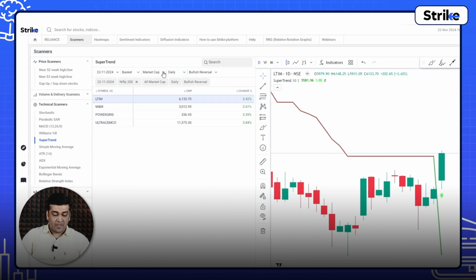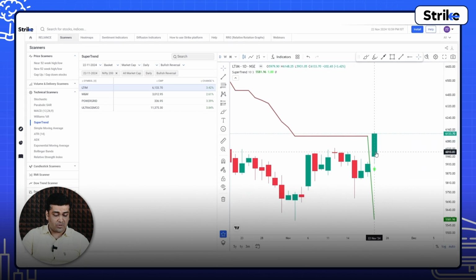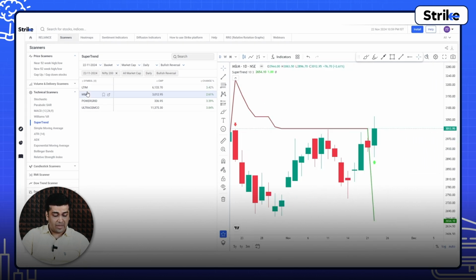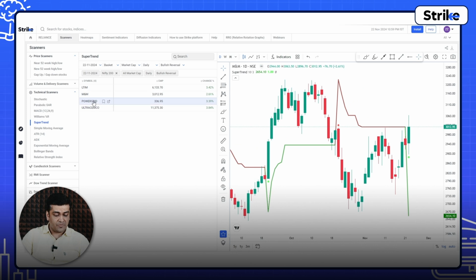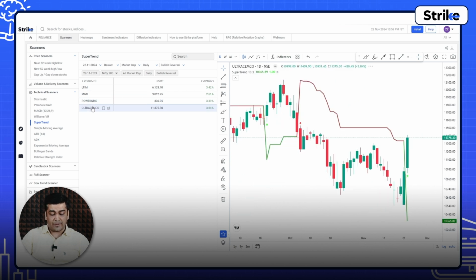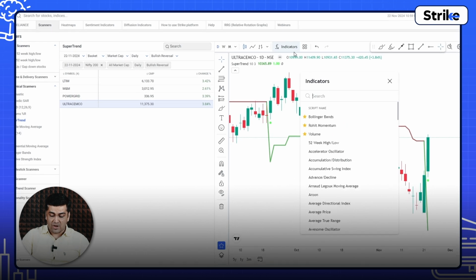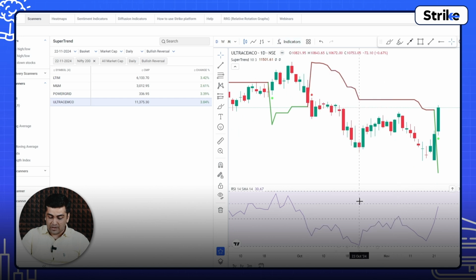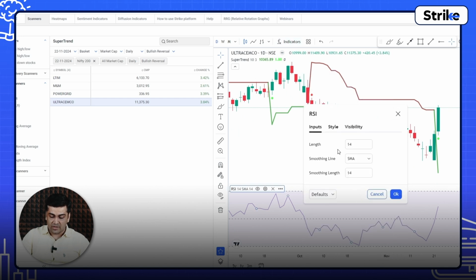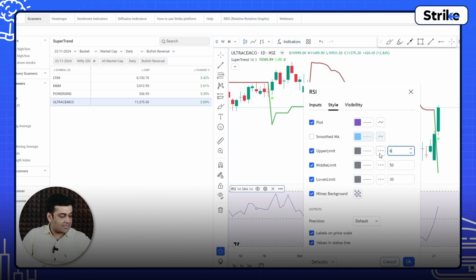And on the daily chart you get LTIM, which is giving a bullish crossover over here. You also have M&M, where the Supertrend indicator is giving a bullish signal, Power Grid and UltraTech. On the chart on the right-hand side itself, you can also put RSI. You can mark a favorite and add it, and you can also change values over here. Instead of 70 you can place 60, instead of 30 you can place 40.